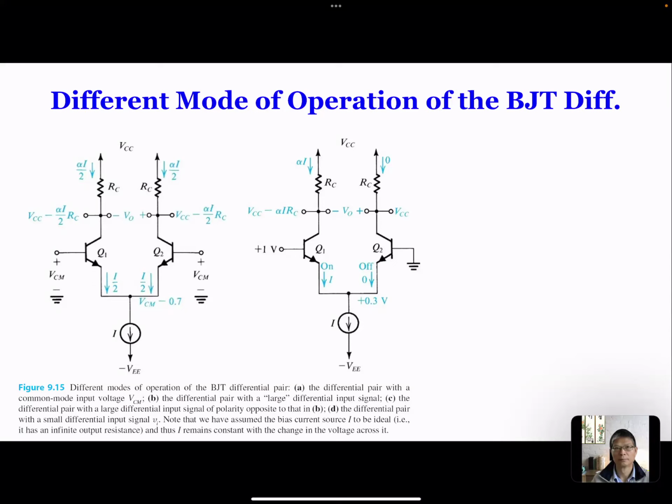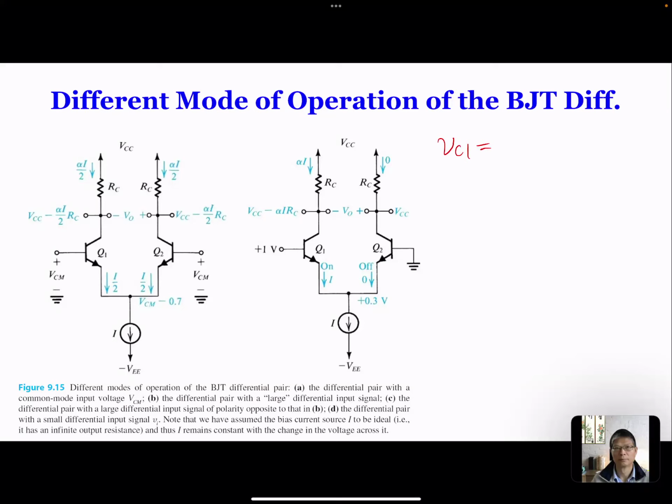The voltage drop here is 0.7, so this voltage plus 0.7 will get VCM. So VCM minus 0.7 is the voltage over here. And then what is the voltage at each collector? We're going to say VC1. Let's look at VC1.